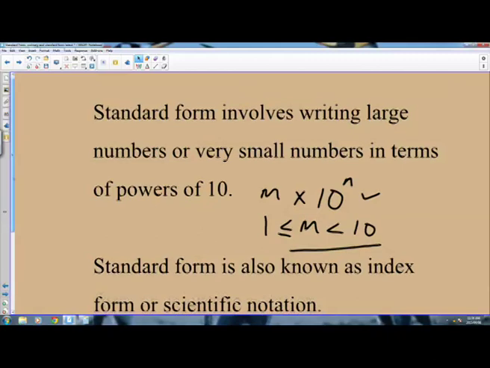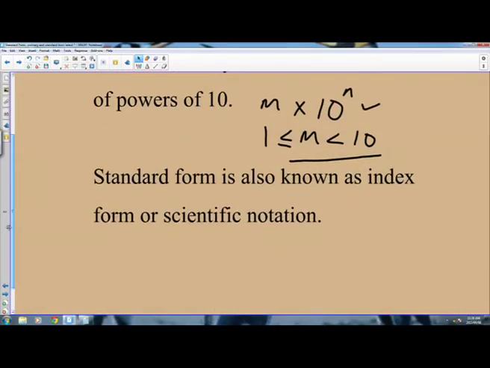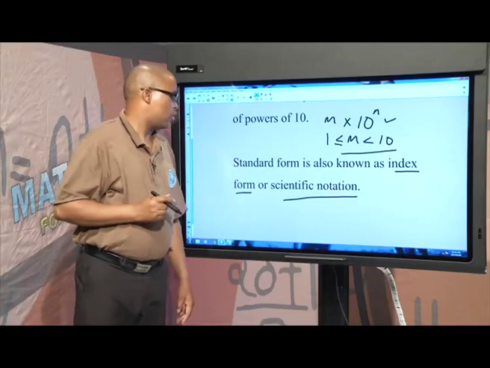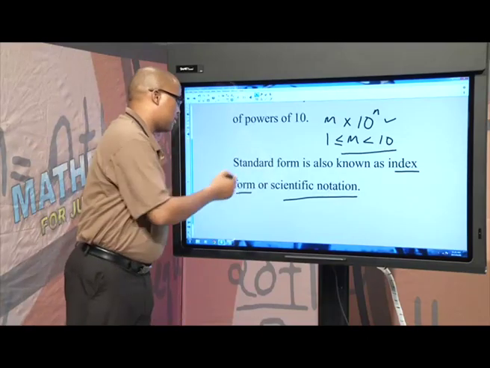And let us also note that standard form can be referred to as the index form or the scientific notation. So instead of calling this standard form, you may decide to call it index form or scientific notation. That's the other name for standard form.